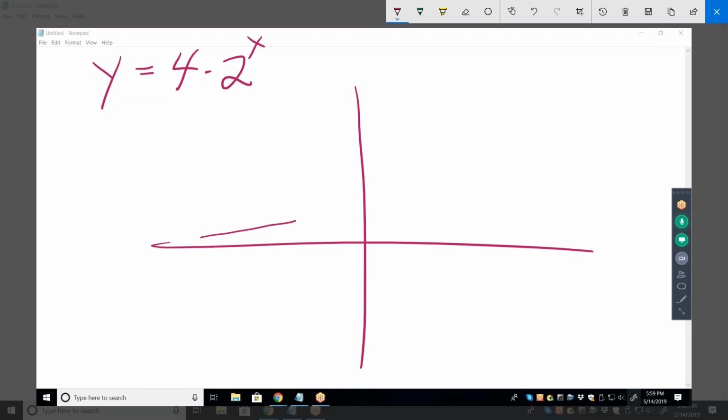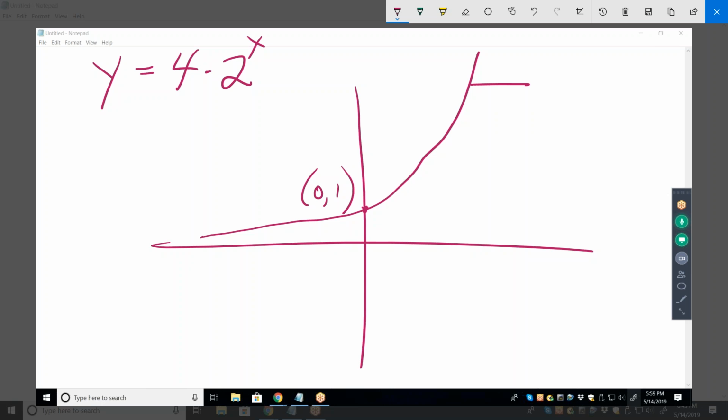They all pretty much look like that. In other words, if I told you that, and I even told you that that point right there was (0, 1), that could be 2 to the x, that could be 19 to the x, that could be 3 to the x.